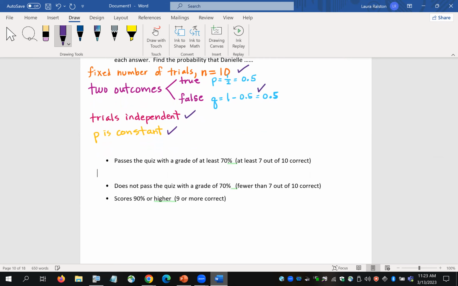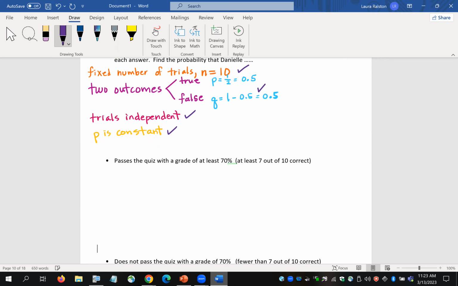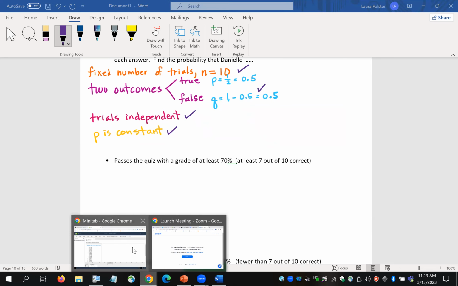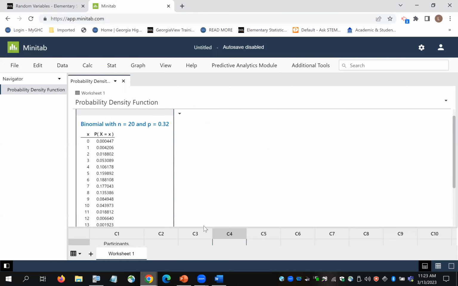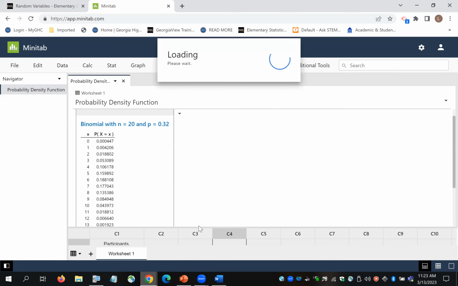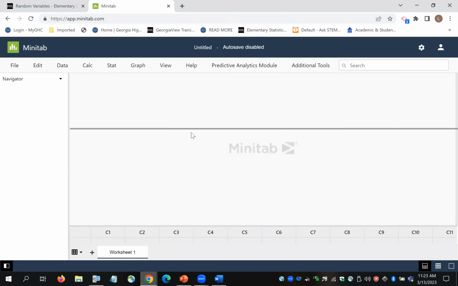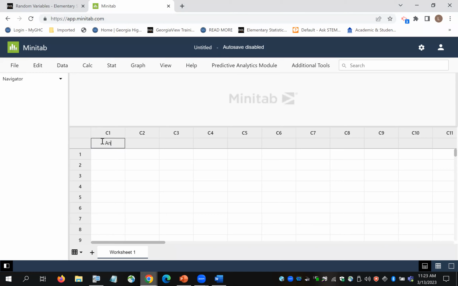So the first question asks us to figure out, if she's randomly guessing, what's the chance she's going to pass the quiz with a grade of 70%, meaning she gets at least 7 out of the 10 correct. Well, before I can do anything else, I've got to go out to Minitab and calculate my distribution. So I'm going to get a clean sheet of paper. These are her quiz answers.